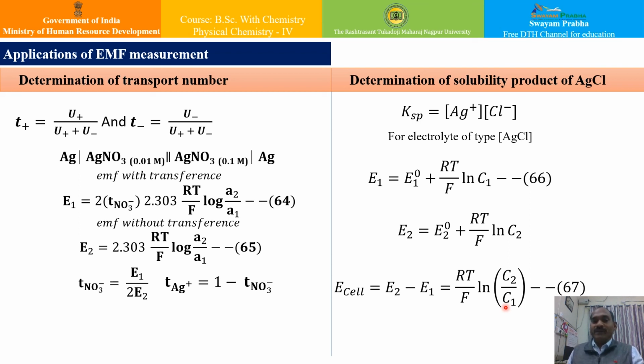Now, in order to make sure that the complete chloride ions or silver ions are utilized, we can calculate the concentration of chloride ions. Once I know the concentration of chloride ions, I know the concentration of silver ions, so I can find the solubility product at the equivalence point.